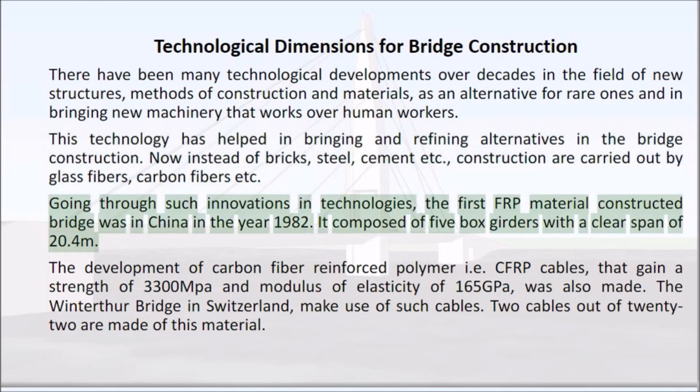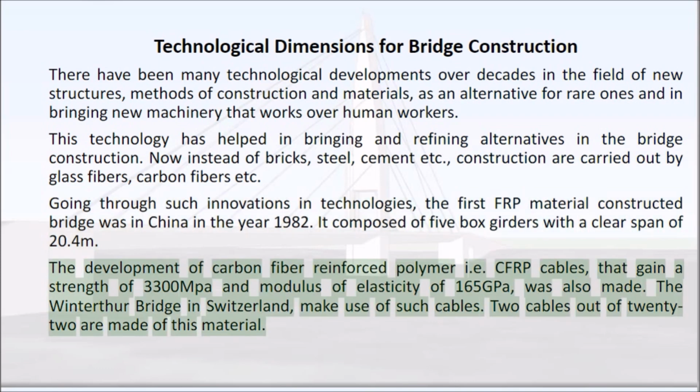Going through such innovations in technologies, the first FRP material constructed bridge was in China in the year 1982. It was composed of 5 box girders with a clear span of 20.4 m.